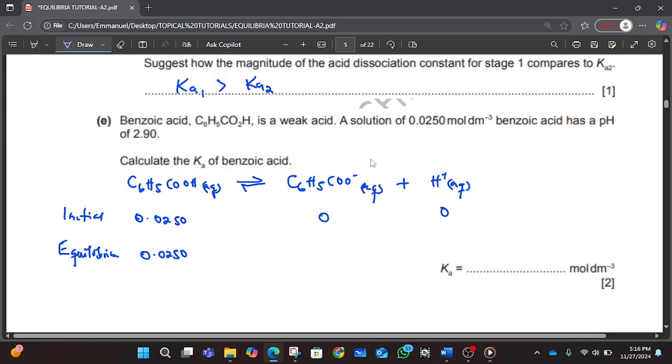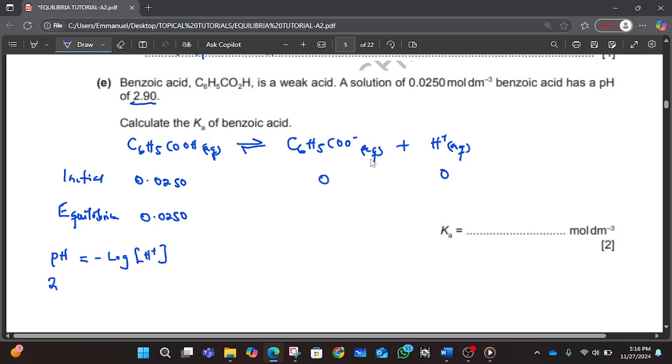In the question, the pH has also been given as 2.90, and this pH can help us calculate the concentration of H plus. And we know that pH is equal to negative log concentration of H plus. So 2.90 is equal to negative log H plus ion concentration.